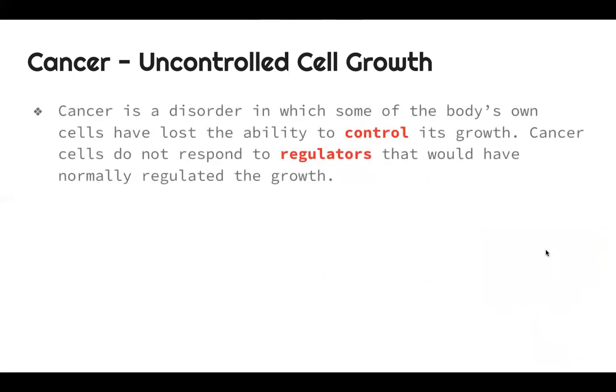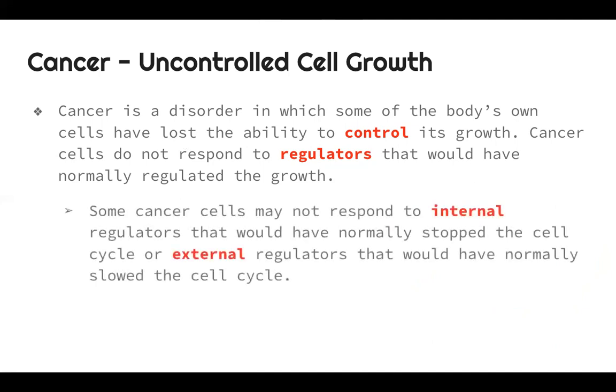So this is a disorder in the body where the cells have lost their ability to control their growth. They don't respond to the regulators that they normally would that help to control when cells need to divide and when they do not. So some cancer cells might not respond to the internal regulators, and some the external regulators.